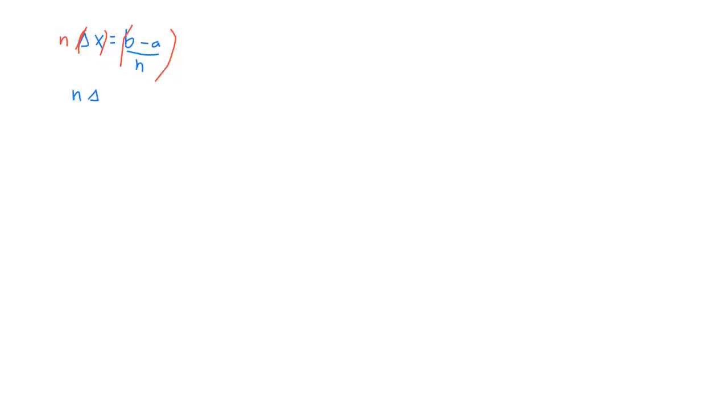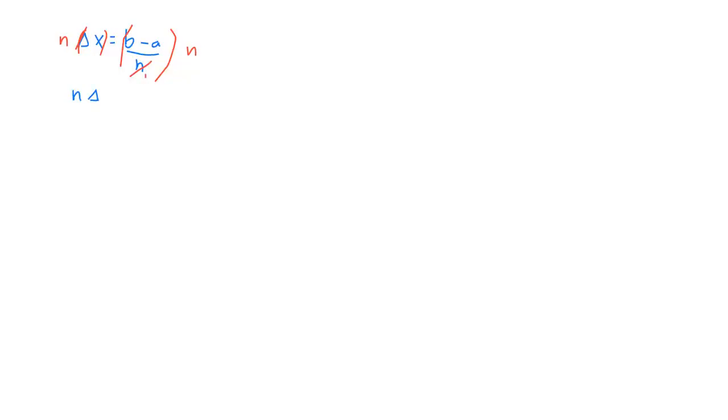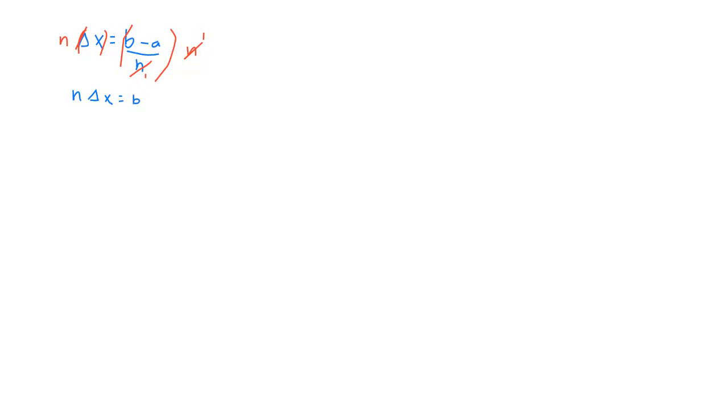So delta x is equal to b minus a divided by n. So I can multiply both sides of this equation by n. The n's simplify out, and I'm left with n times delta x equals b minus a.